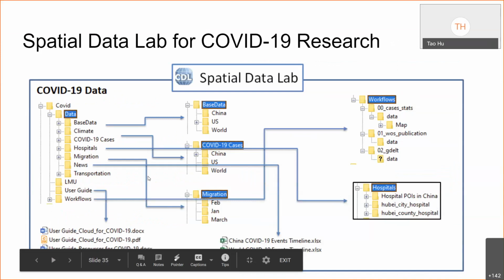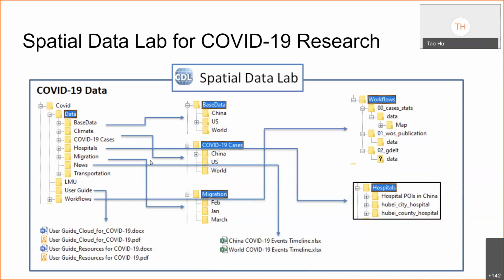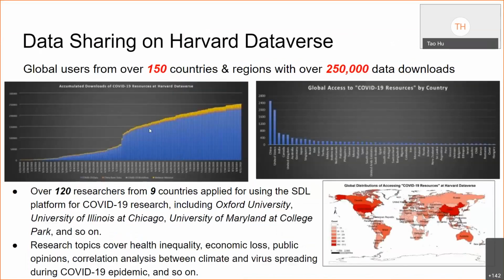So these are the data sources that we have saved on the Spatial Data Lab. As of August 11, global users from over 150 countries and regions have accessed our datasets, with downloads over 250 times.